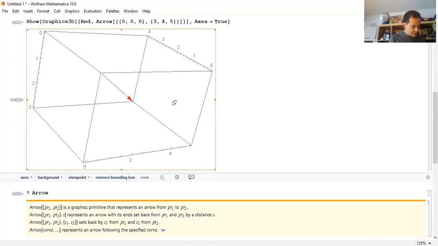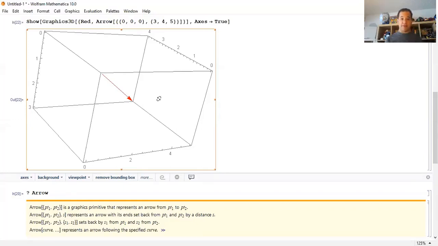Okay, let's move it along and talk about some simple objects in 3-dimensional space. We're going to be talking about planes, really simple planes, actually, planes that are parallel to the axis.